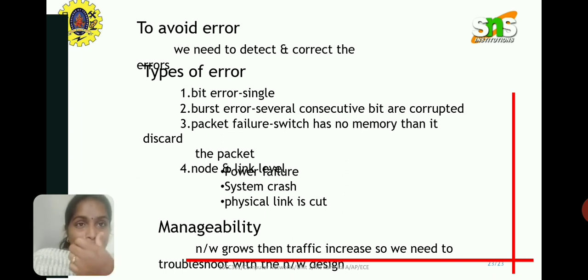To avoid these errors, we have to find some manageable techniques to improve our efficiency. In this, we have some types of errors like bit error, single bit error, burst error, packet failure, node and link failure, power failure, system crash, physical link is cut, like that. So we have to identify which error loses our connectivity.